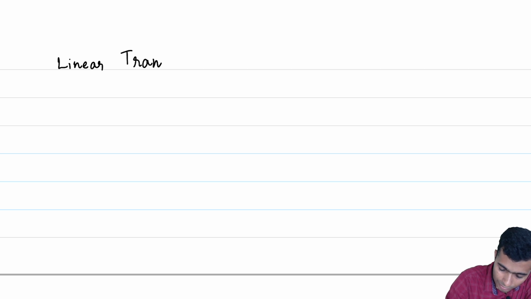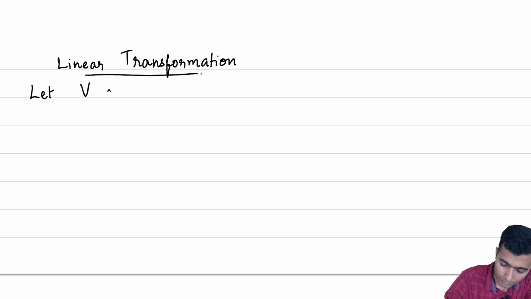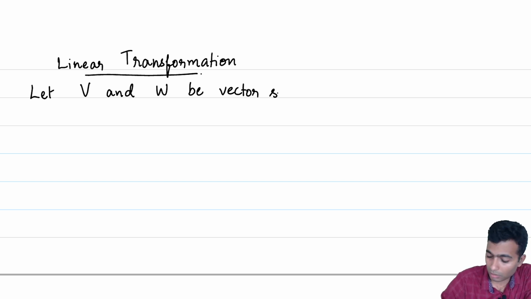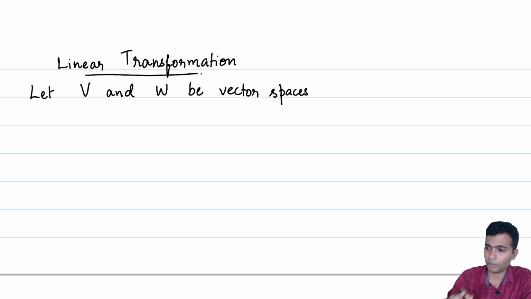Linear transformation. So let V and W be vector spaces. Now till now W was a vector subspace of V in various cases. That is how these notations were being used. However, that is not the case now. V and W are two different vector spaces.